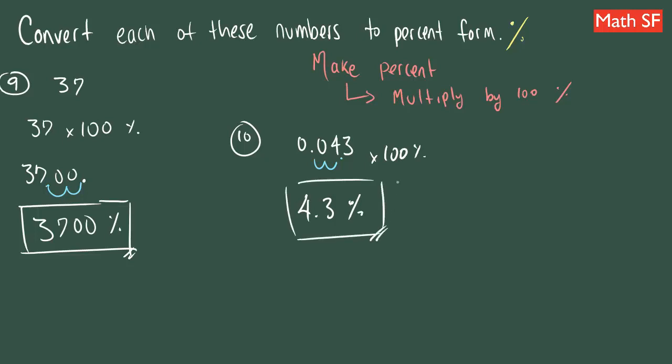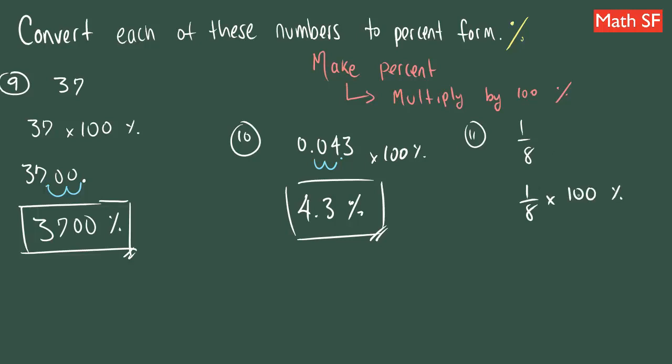Now, when am I going to do that of fractions, or what happened when I have fractions? In problem number 11, you're having 1.8, and they want you to write that as a percent. Well, once again, you multiply times 100, so I'm going to have 1.8 times 100%.